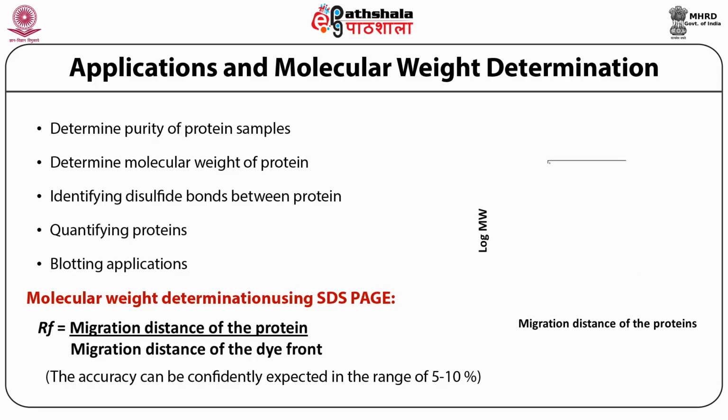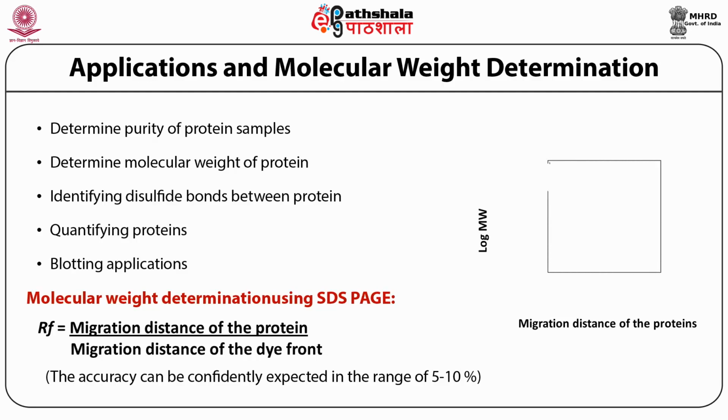Ultimately, the relative migrations are determined only by the pore size of the gel, whose sieving action is proportional to the molecular weight of the protein. The relative migration for a set of standard protein markers varies inversely with the log of the molecular weight, as shown in the figure.